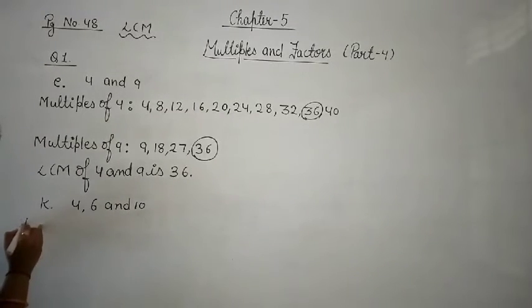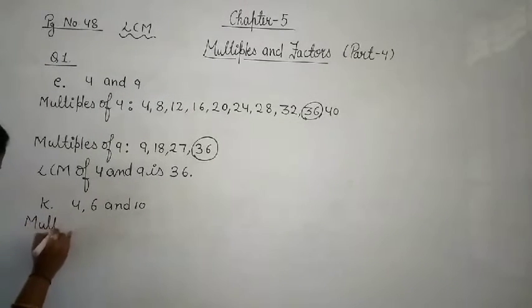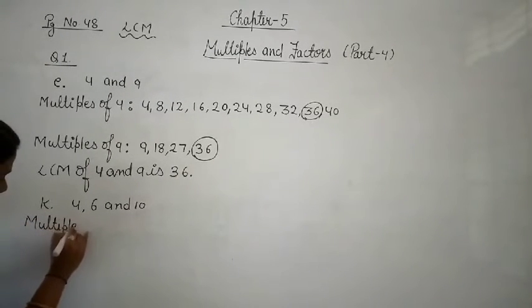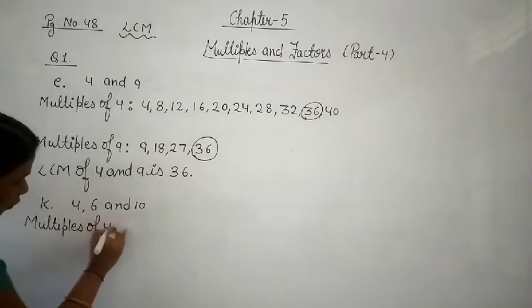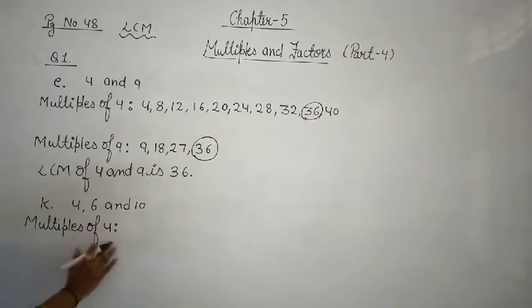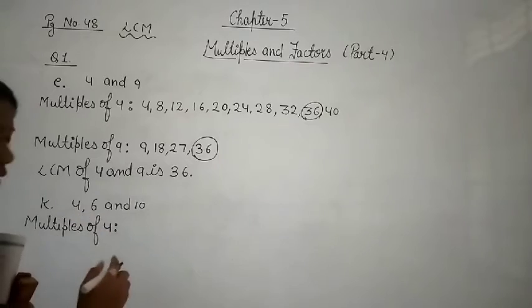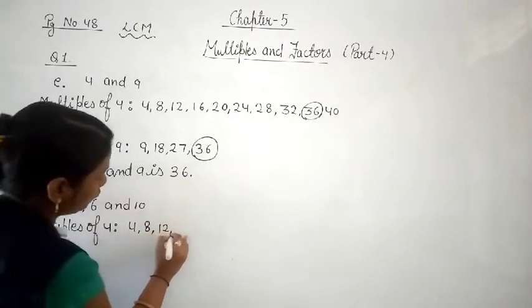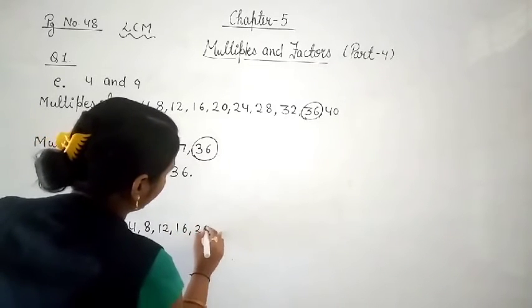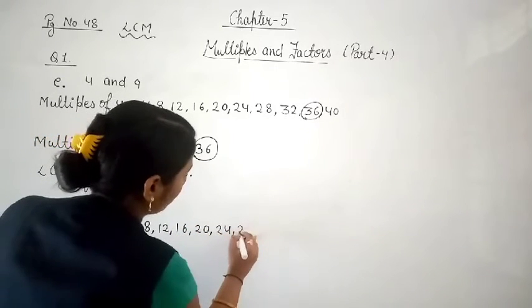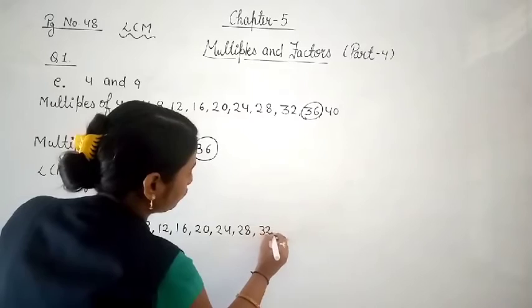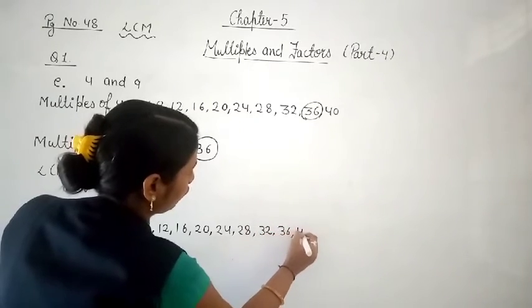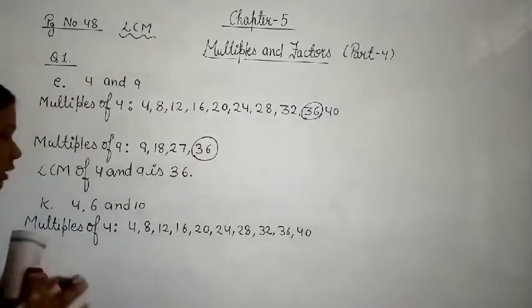So firstly I will write multiples of 4. Because it is the first number, I will write the first 10 multiples of 4. So 4, 8, 12, 16, 20, 24, 28, 32, 36, 40. I have written the first 10 multiples.